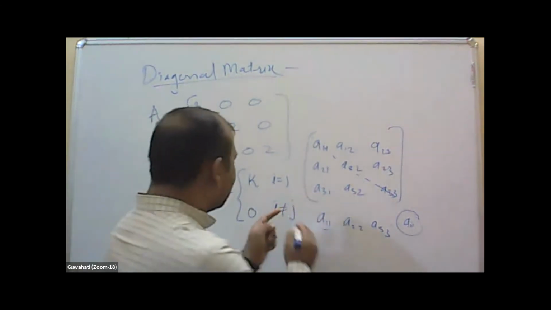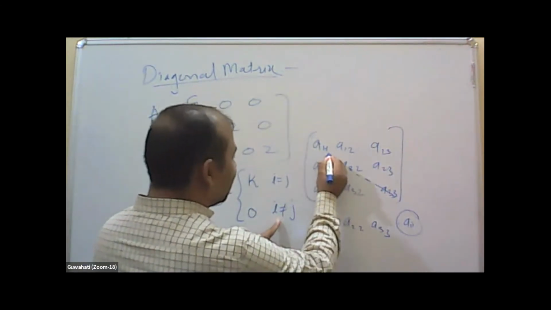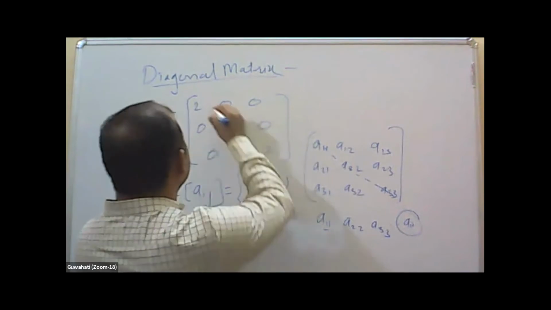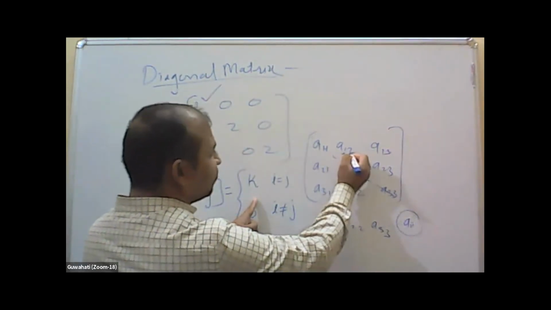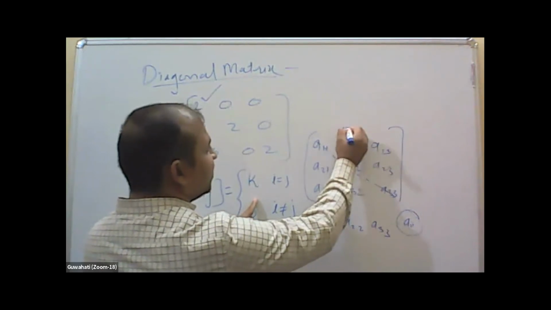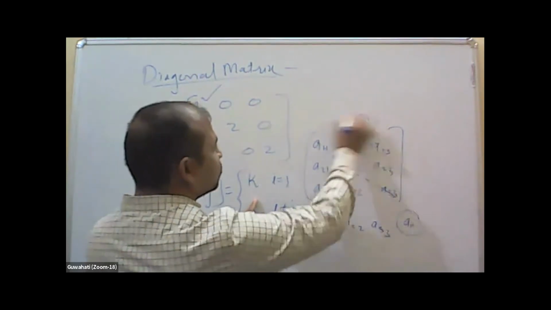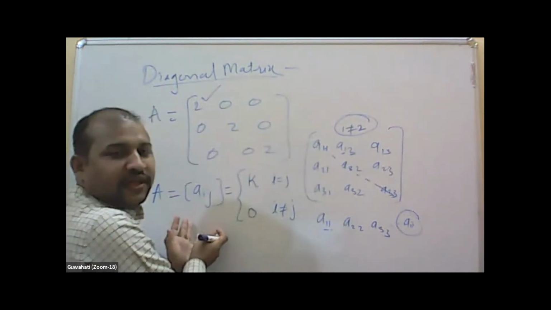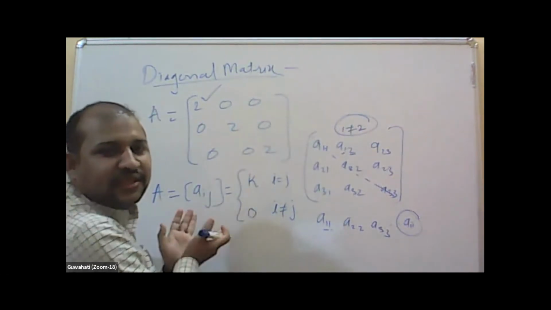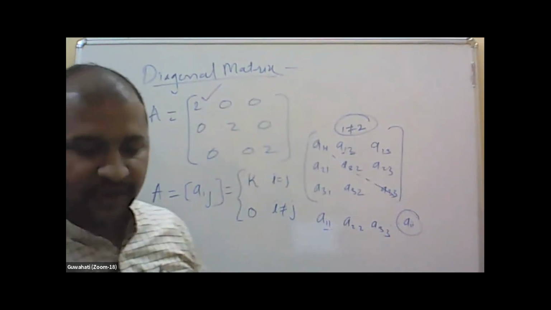Here i and j are same, so it is a constant, supposed to be a 2. What is the element here? i is 1, j is 2, means 1 is not equal to 2, so it should be a 0. So in general we are defining the diagonal matrix in this way. Okay, is it clear?